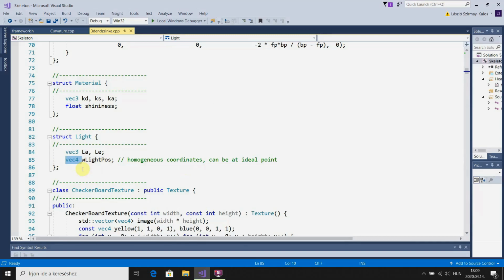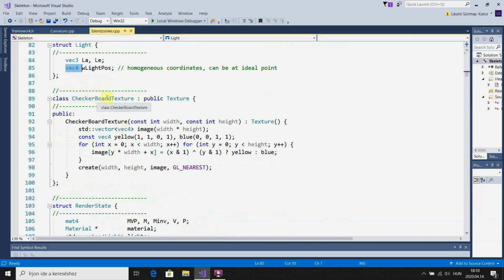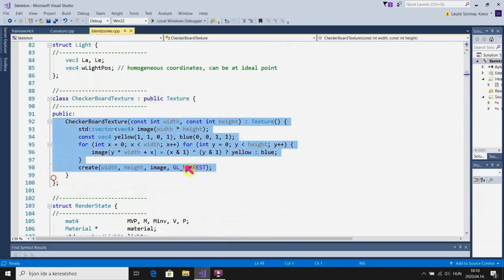So this single structure can handle both positional light sources, where the light source is at a finite distance, or even directional light sources, which can be imagined as a positional light source being infinitely far. The checkerboard texture is a texture, and in its constructor it generates an image that will be used as a texture.